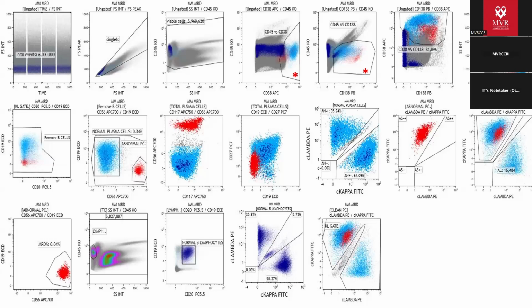So if we see among the plasma cells, there is a small tiny population which is CD56 positive, which is kind of CD27 dimmer than the rest of the plasma cells. So I give it a different color and I look for the kappa lambda ratio. My blue population, which is a normal plasma cell, has a very nice kappa lambda membrane ratio, whereas my red population, which I suspect to be the clonal plasma cells, is definitely kappa restricted.